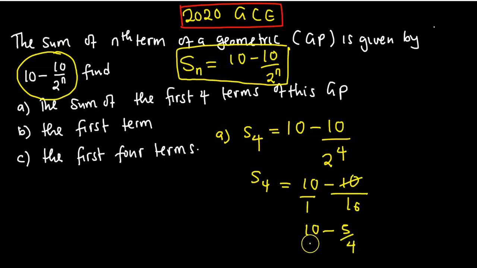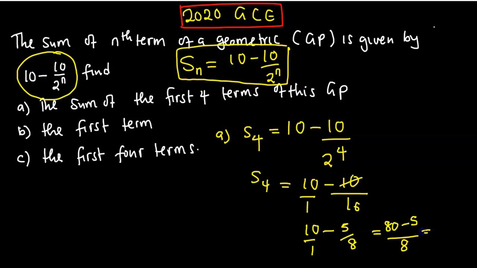Is it 5 over 4? No, 2 here is 5, then this one becomes 8, like this. At this point we can say the lowest common denominator is 8. Then 1 into 8 is 8, and 8 multiplied by 10 is 80, minus 5.